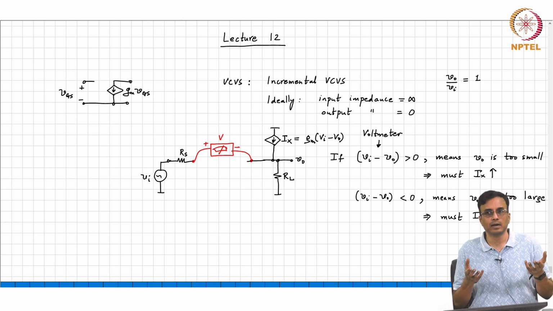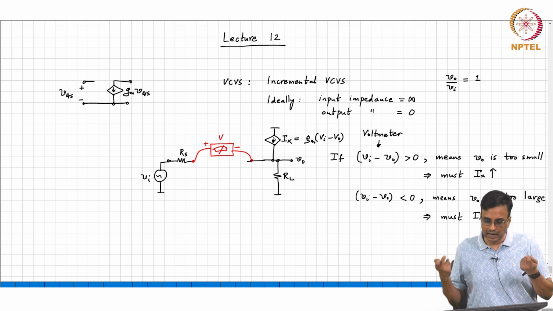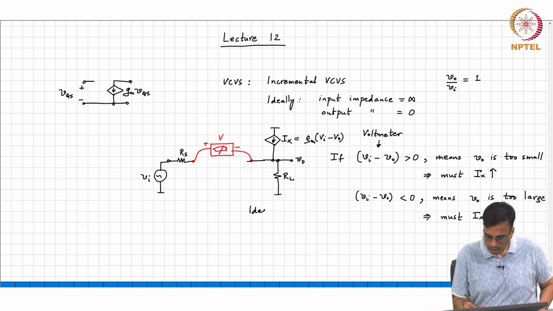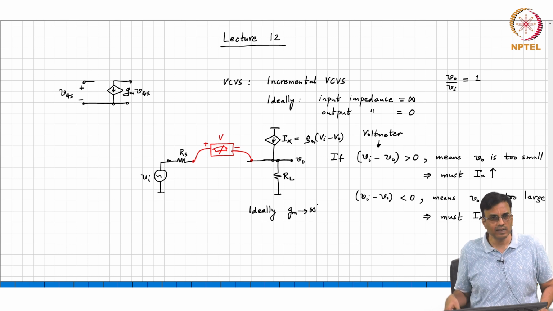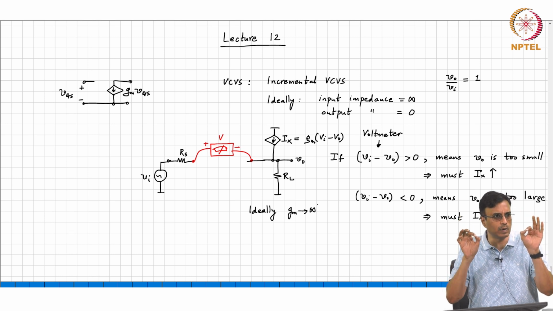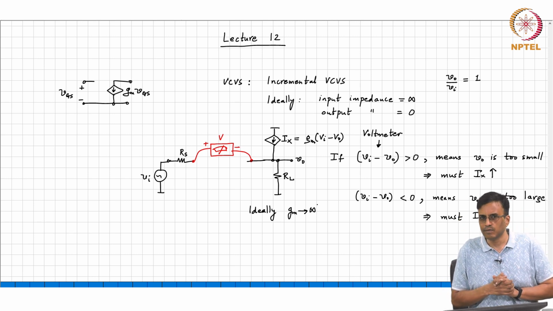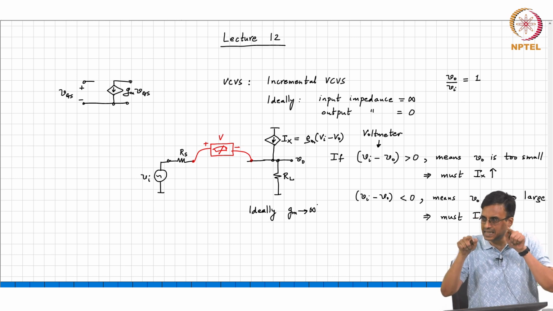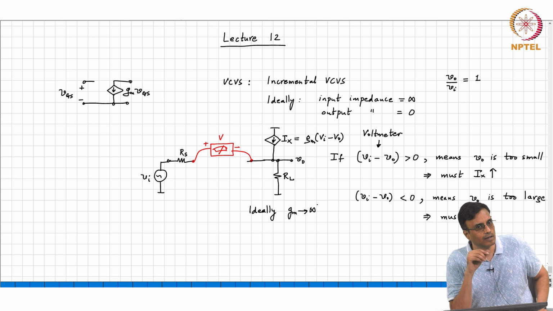Why? Exactly. Ideally Gm must tend to infinity, because even if you see an infinitesimally small difference between Vi and Vo, you must kick that node Vo so hard that its potential becomes exactly the same as that of Vi. Is that clear?